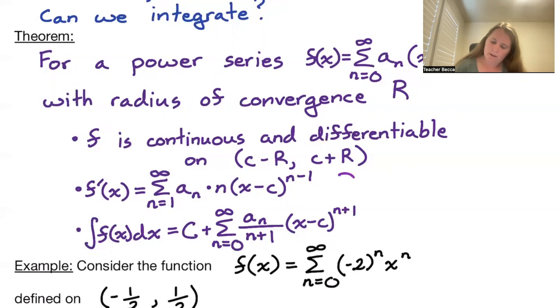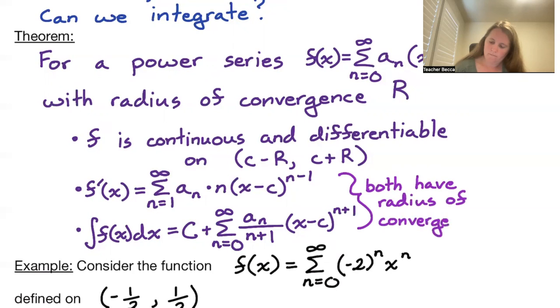And both of these also have radius of convergence r. So again, we can take the derivative term by term. We can take the integral term by term.